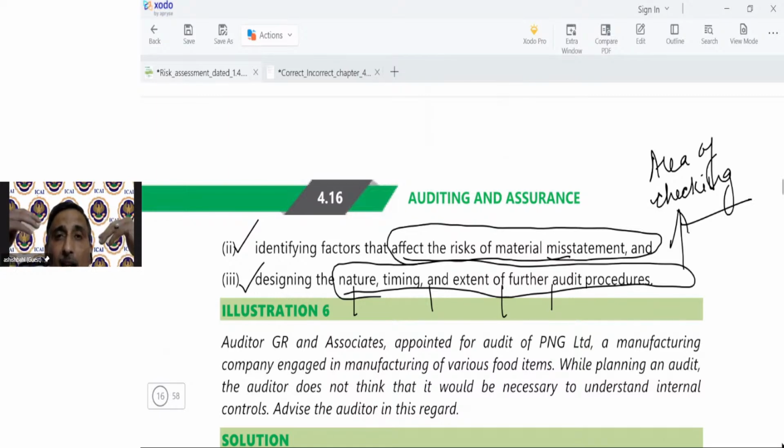It helps him in designing, in conceptualizing those procedures, because it is only when the auditor has studied the internal control system that he would be in a position to design further audit procedures. Clear, guys?